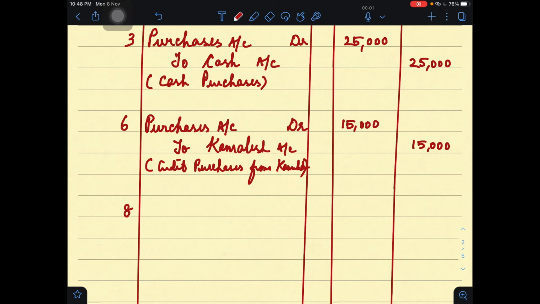We had been debiting purchases in the previous two transactions. Similarly, here what can we do? Just take the opposite side, because when you sell, revenue is generated, isn't it? So this is also a nominal type. But we are actually getting cash because it is a cash sale.